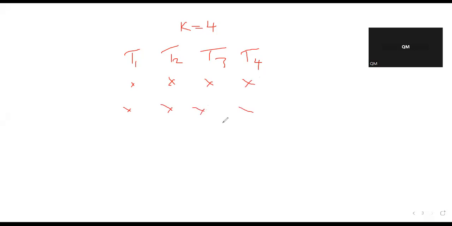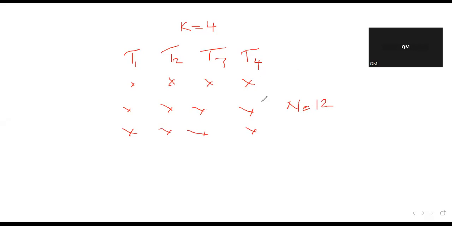The number of observations is denoted by the letter N. How many observations do we have? We have about 12 observations. Are we together?